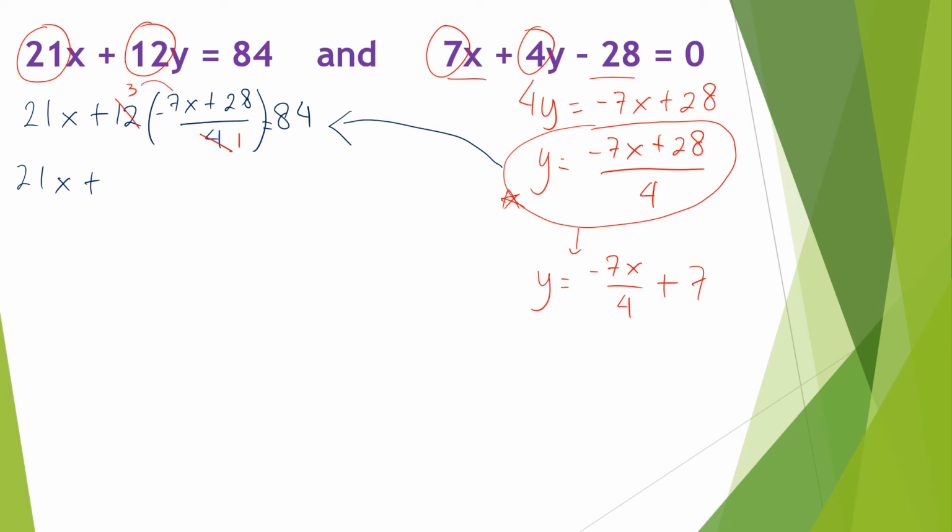So continue with multiplication. 3 times minus 7x equals minus 21x. 3 times 28 equals 84. And equals 84. Is that correct? 3, 4, 2. Yes, correct. Okay, let's see. 21x minus 21x is 0, and 84 minus 84 is 0.